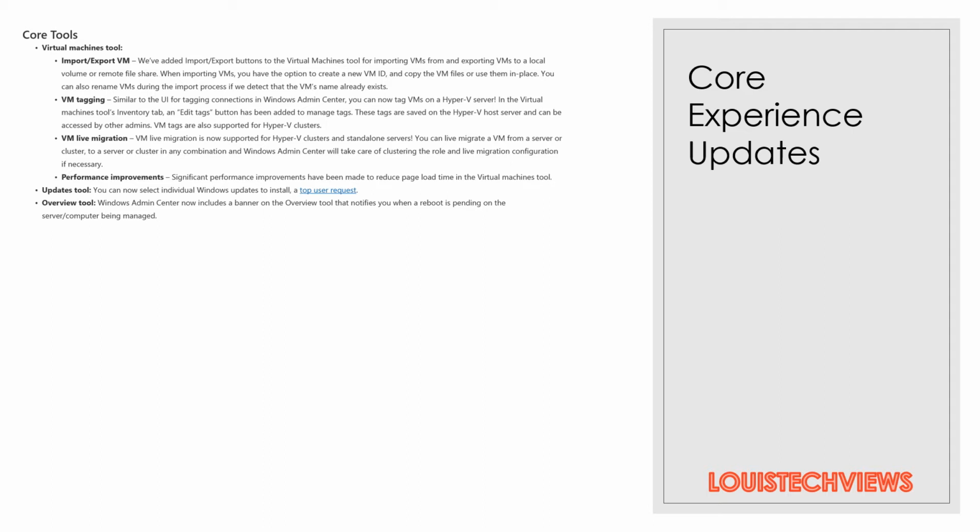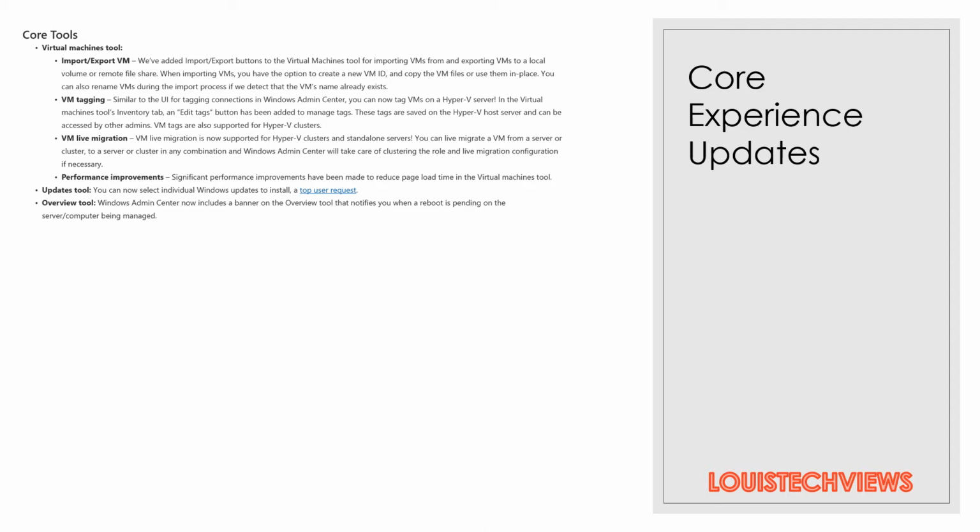There's been some enhancement to the updates tool, so the Windows Update capability. If you used Windows Admin Center in the past, when you logged in and tried to do updates, it would go and enumerate against either your WSUS or Windows Update itself and pull back whatever updates are available, but there was no choice to not install all of them. It would only install all or nothing.